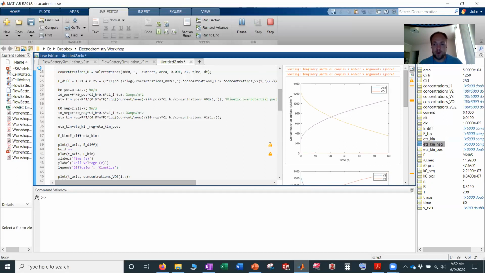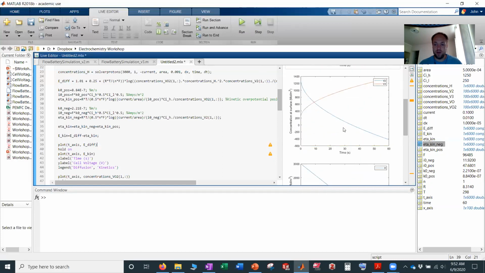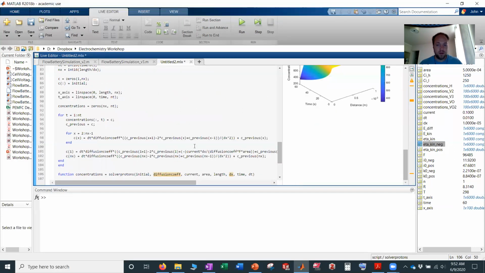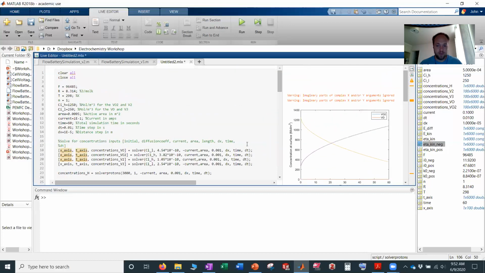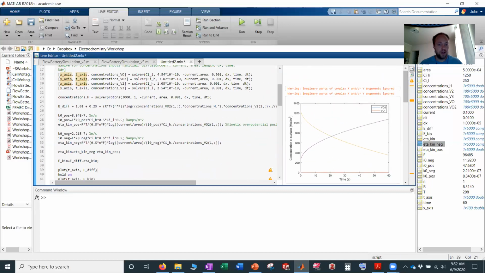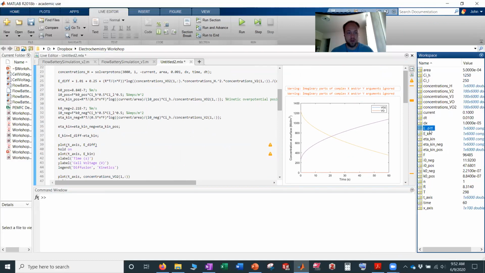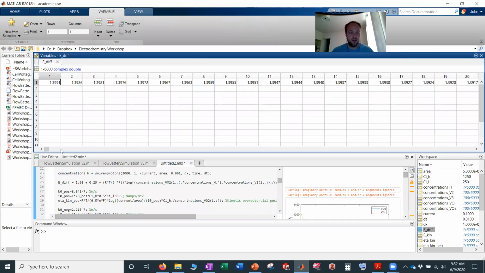So it says imaginary parts of complex X or Y arguments are ignored. Okay, you're ignoring them, but you're also not plotting. You're not giving me the plot I want. I don't like that it's not telling me exactly what the error is, but I guess we'll have to do a little more debugging.